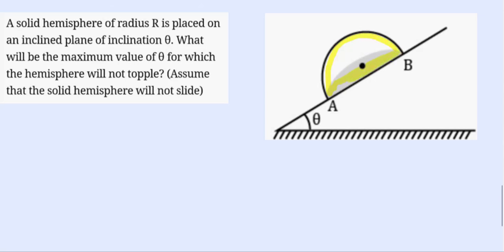Where will the center of mass of the solid hemisphere be? That particular thing is needed. The center of mass of a solid hemisphere is at a distance of 3r by 8.